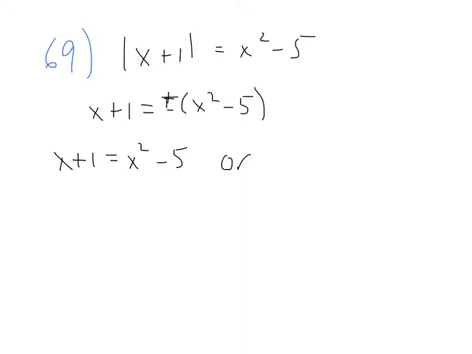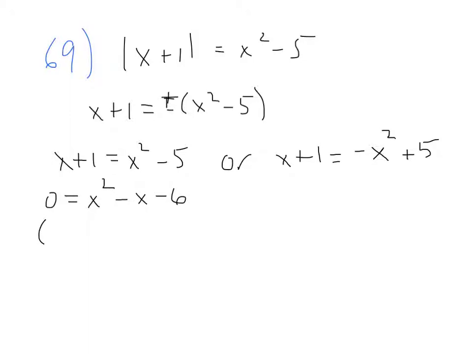And then over here you get x plus 1 equals the opposite of all of that, which would be negative x squared plus 5. These are quadratic, so we want them set equal to 0. It's preferable to have our a term positive, correct? So for the left-hand equation, I'm going to move everything to the left-hand side because x squared has a positive coefficient. Negative x minus 6.